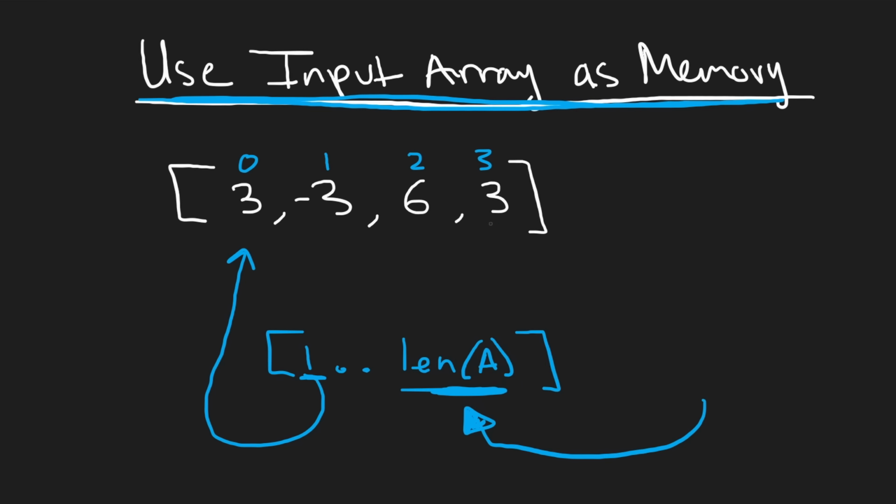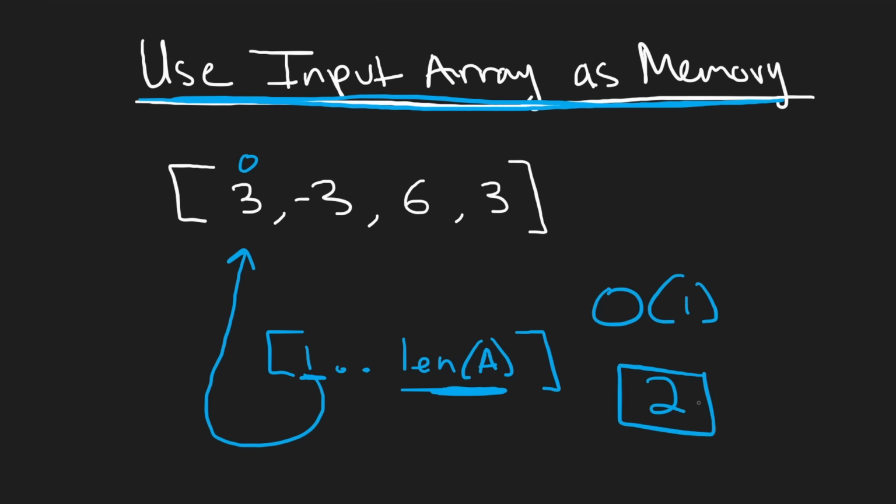So how am I going to use the input array to tell us, for example, in constant time, if the value 2 exists in our input array? The way I'm going to do it is, we want to know if 2 exists, so I'm going to take 2 minus 1.